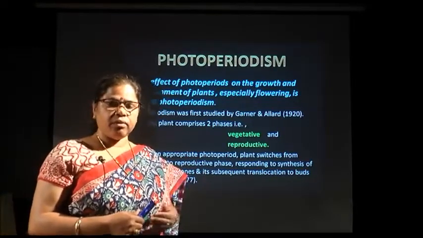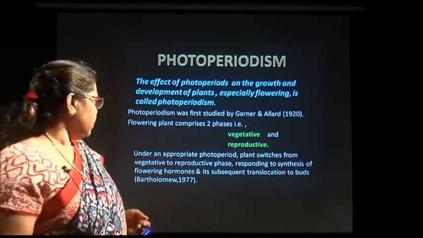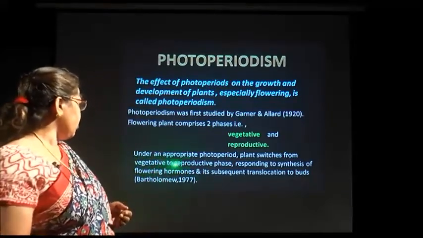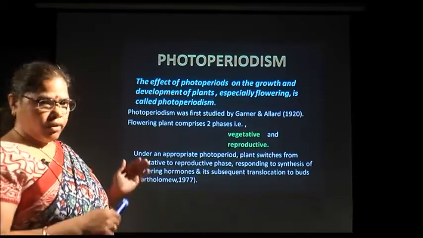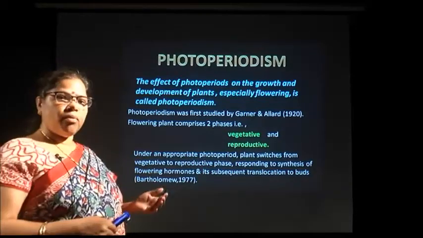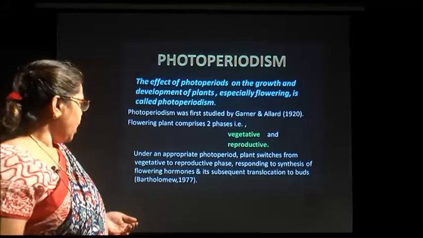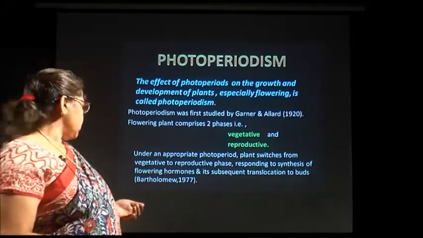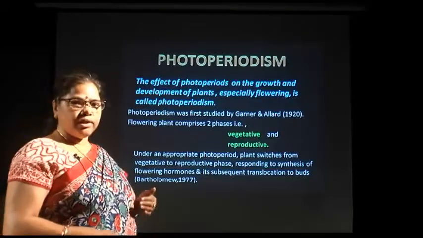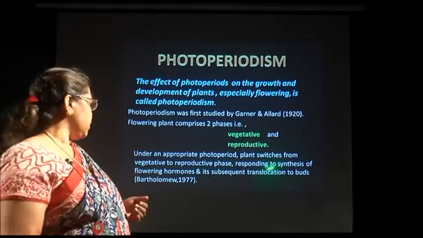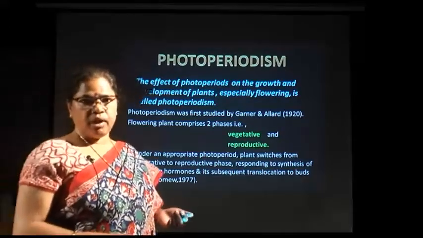After a certain period of vegetative growth only, flowers develop, and under an appropriate photoperiod or day length, the plant switches from the vegetative period to the reproductive stage, and there they respond with the synthesis of some hormone, and subsequently these hormones are translocated to the buds or the flowering region.